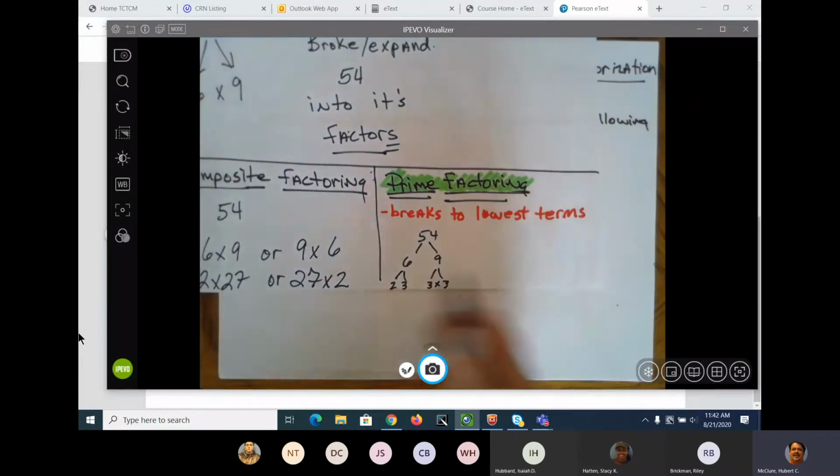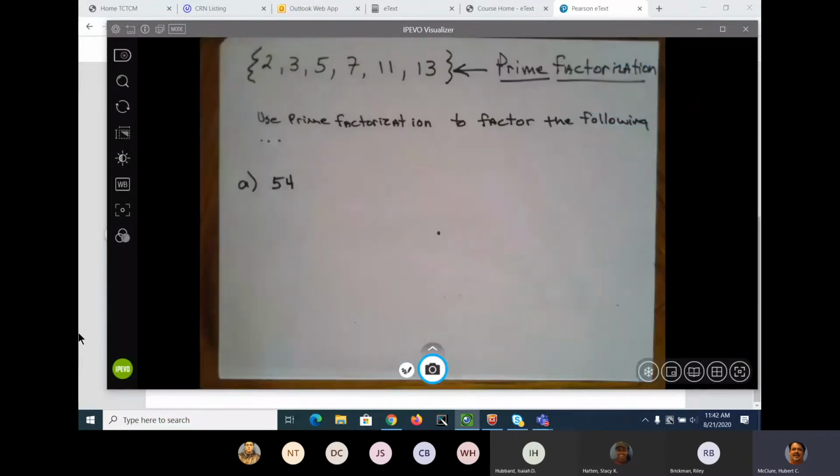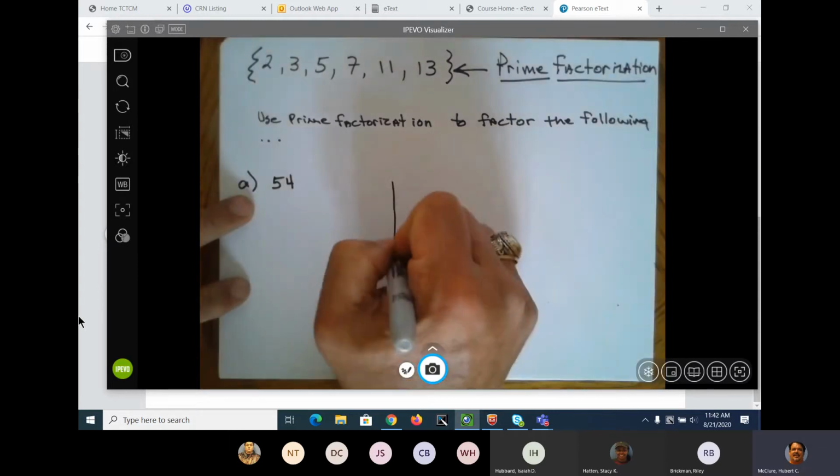Okay, that's the tree. I don't do those. The reason I don't do them is because you can't use them with the second part of 5.1, and you can't use them with 5.3. So I don't use the tree. What do I use? I use the table.